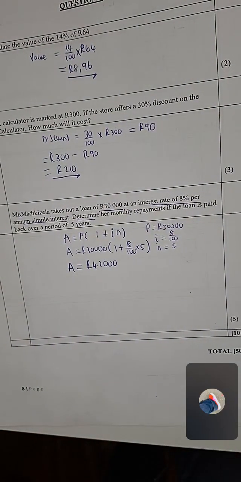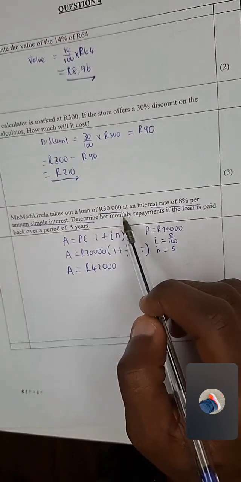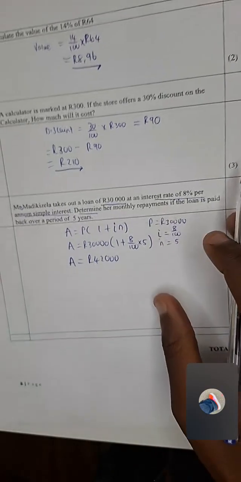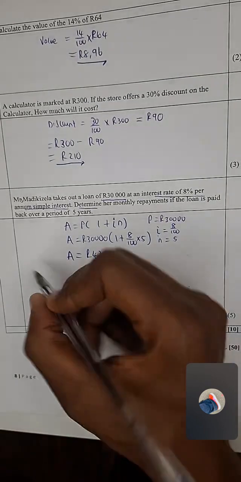Okay, so check this out. It says determine her monthly repayments. Then after, we will say 42,000 minus 30,000.